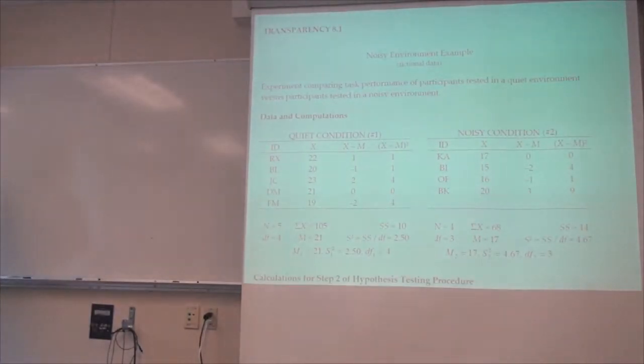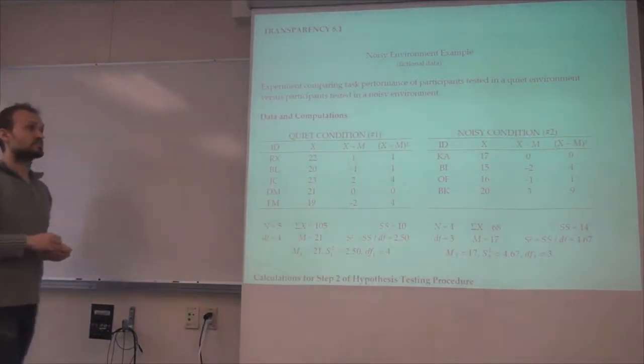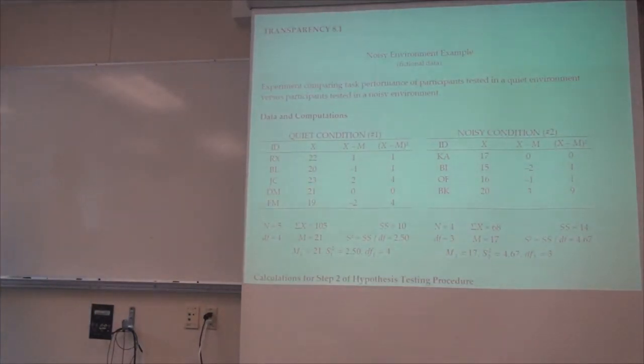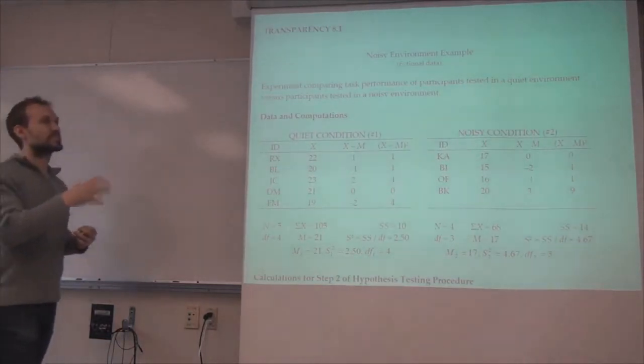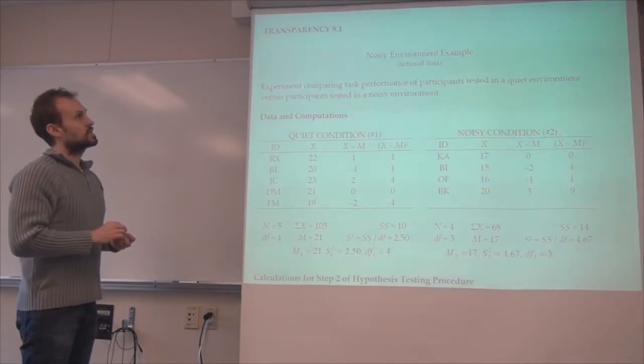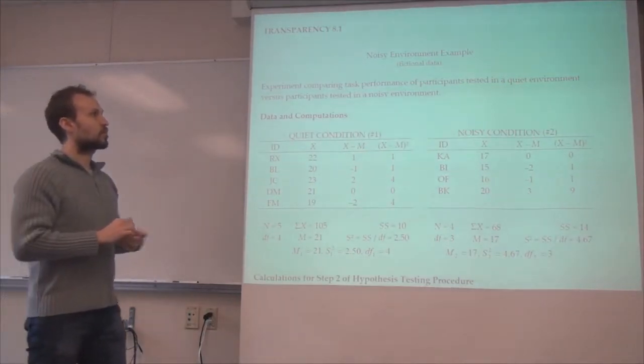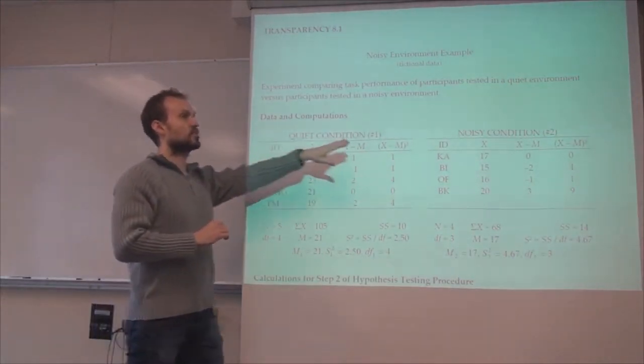Now we want to look at two independent groups, and the first example should illustrate the difference between what we've done before and what we're trying to consider now, where I'm looking at two groups measuring their task performance in a quiet environment and a noisy environment.